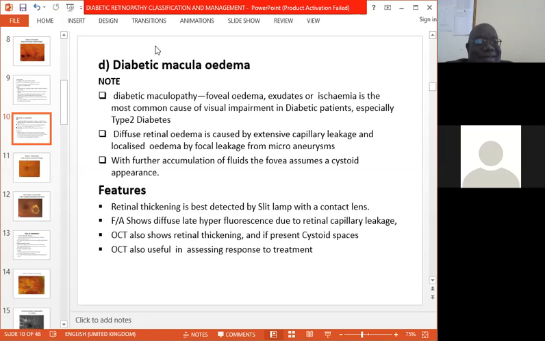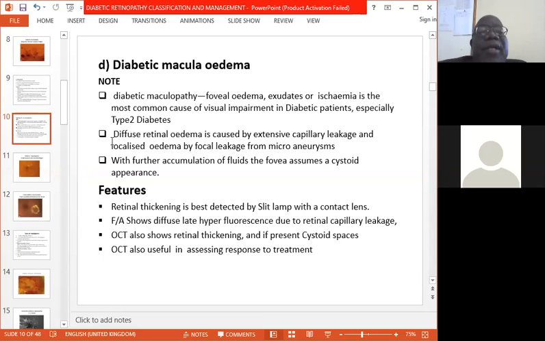Which one? Ischemia. It means blood is not reaching the macular area. There's a blockage somewhere. The blood is not reaching there.